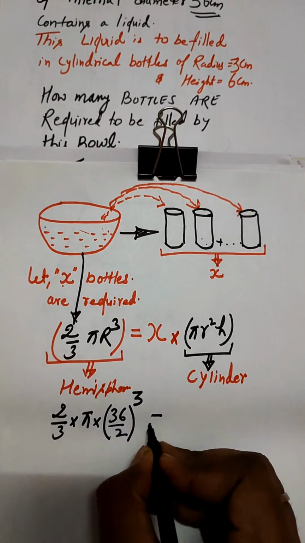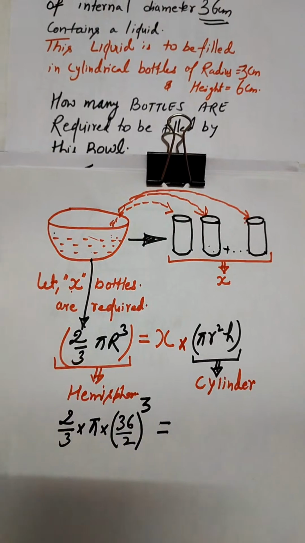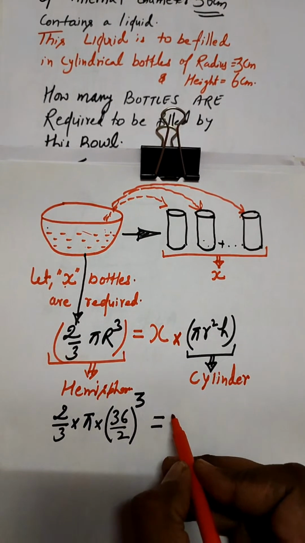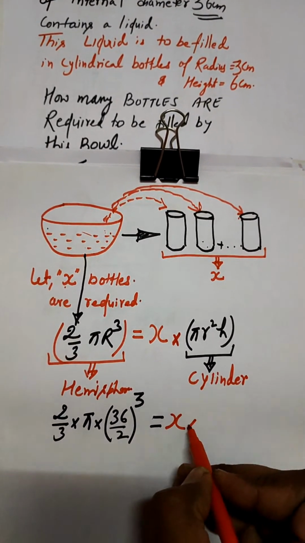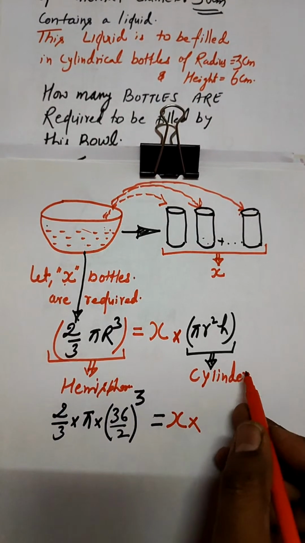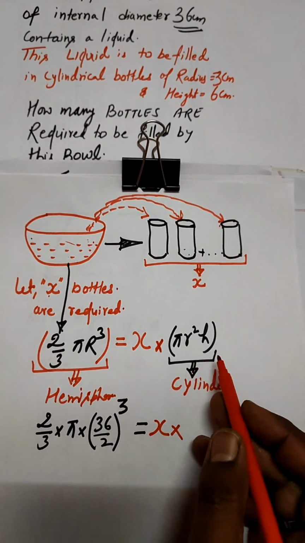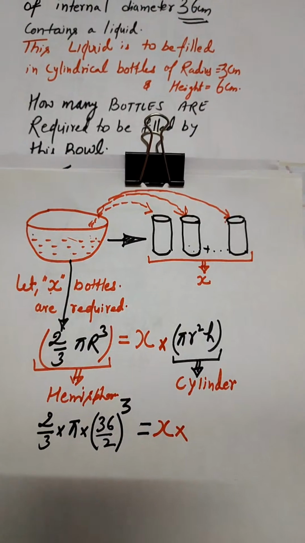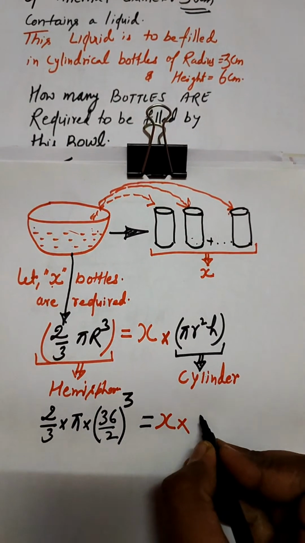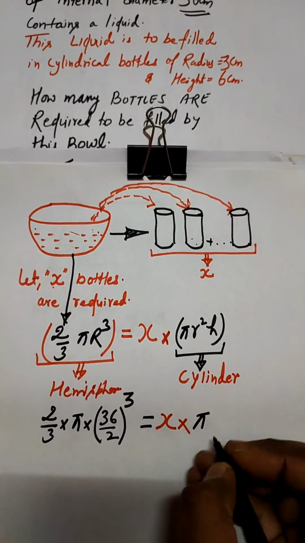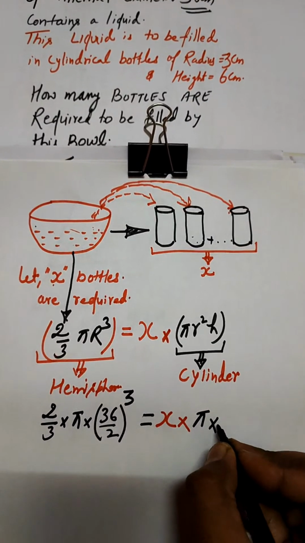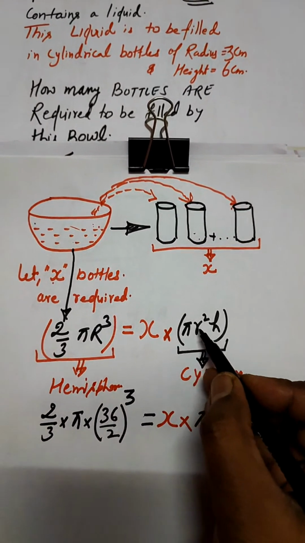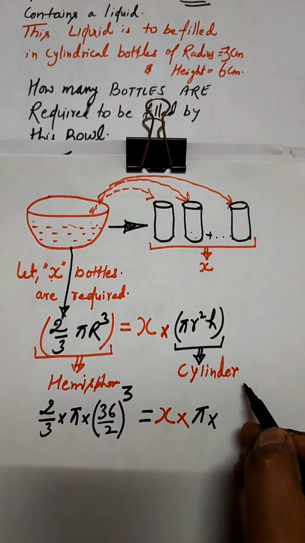This is equal to x times pi r square h, putting x on the RHS. What is pi r square h? Just put in those values. Keep pi as it is, into r square. R and h are the dimensions of the cylindrical bottle.